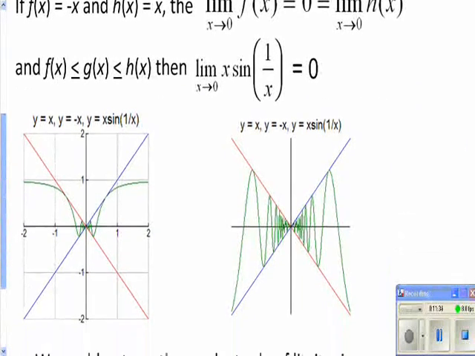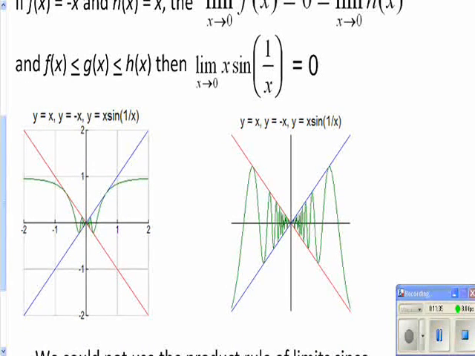Now, if you look at the graph, we're going to start off with 3 functions. Negative x is always less than or equal to x sine 1 over x, which is always less than or equal to x. If you graph your x, that's what we have in blue on our graphs.